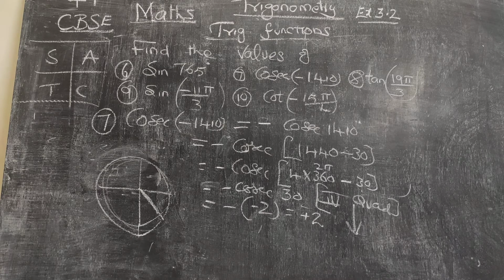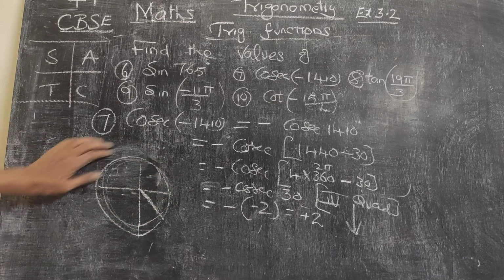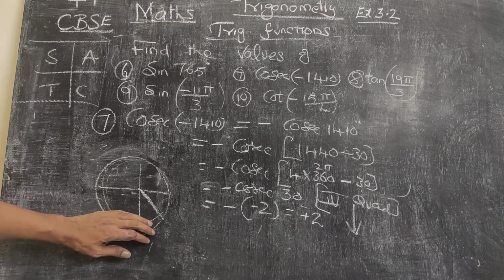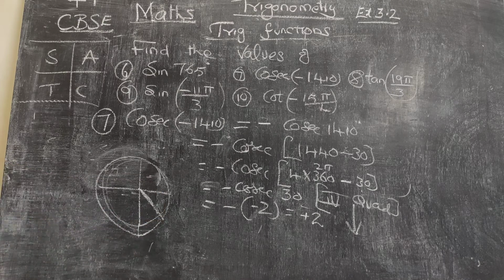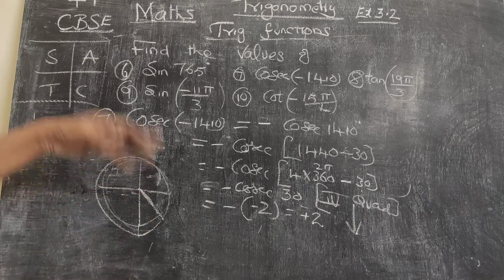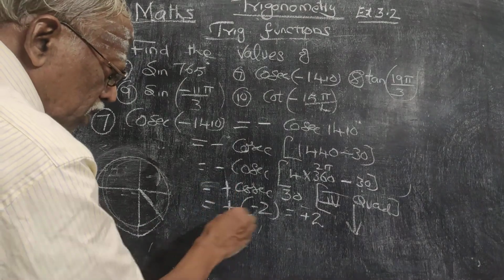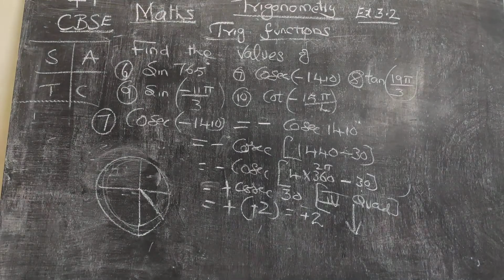This is an even multiple of pi, therefore the answer will be minus cosecant 30. But when you look at 1410, it lies in the 4th quadrant. It is not completed; 1440 means a full round, but it is less than that. Therefore, it must be lying in the 4th quadrant. That must be very clearly understood. If it is in the 4th quadrant, cosecant will be negative. You know sin 30 is 1 by 2, so cosecant 30 is therefore 2.